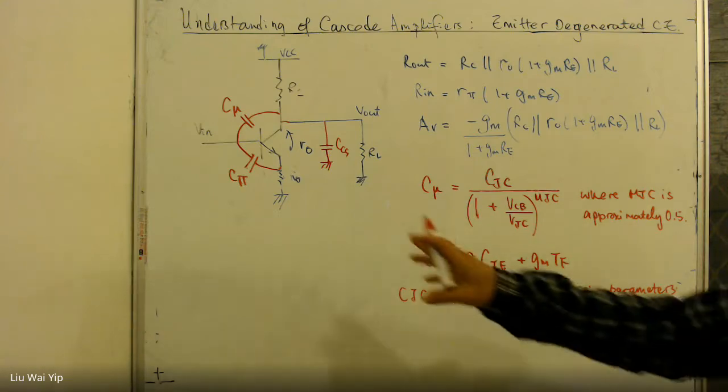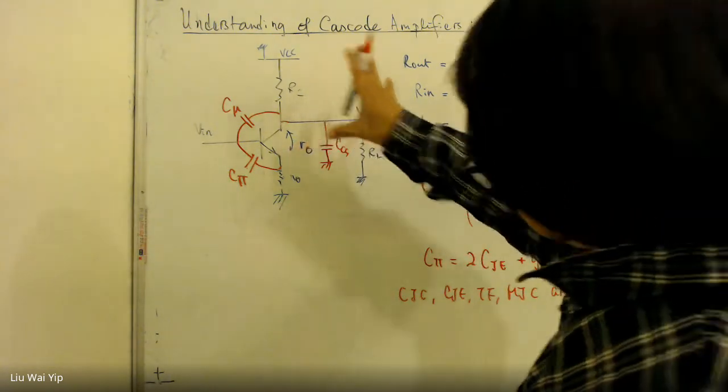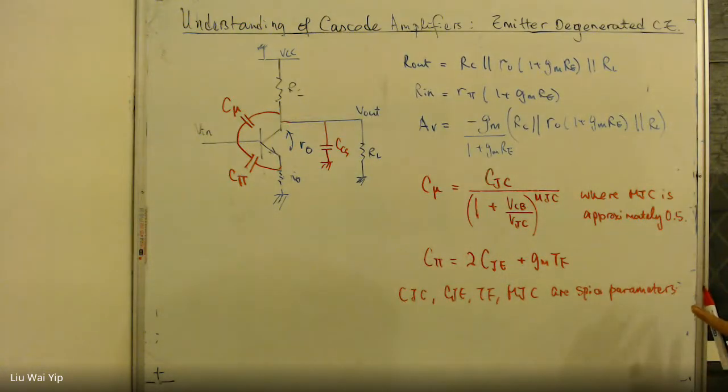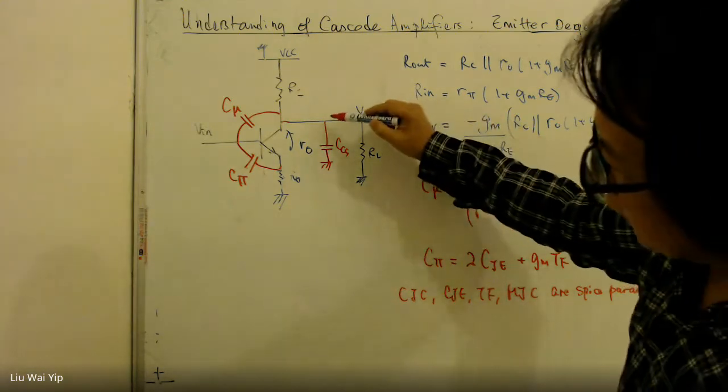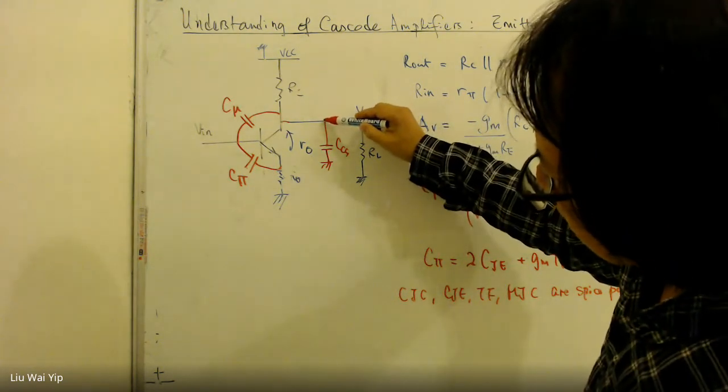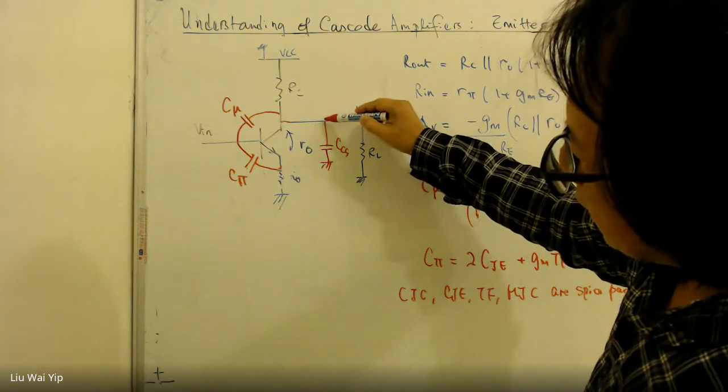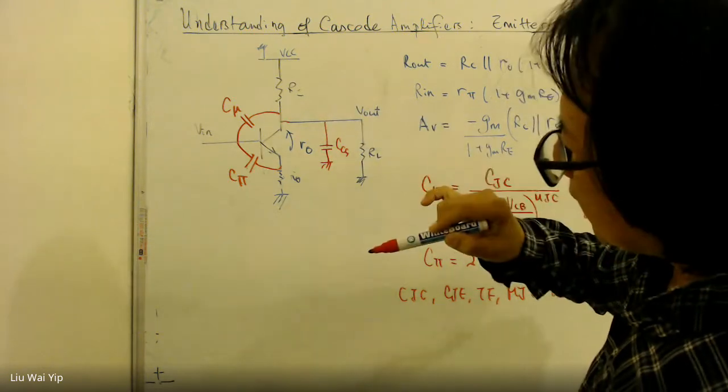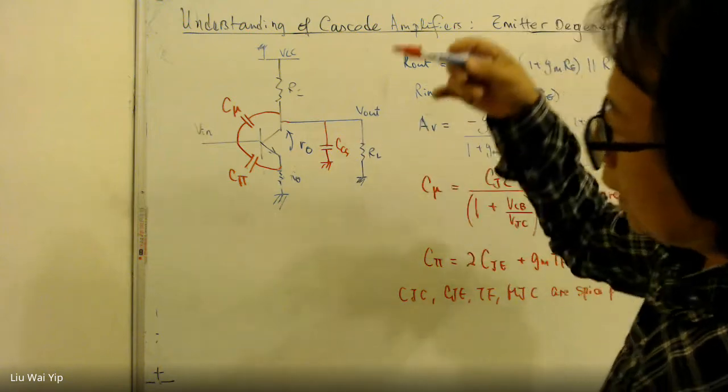And to analyze the high frequency performance, we need these parameters. We also need to apply some techniques to make sure the capacitors are connected from a node to a ground. I like this one here.